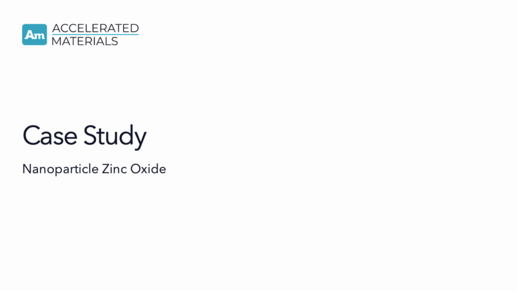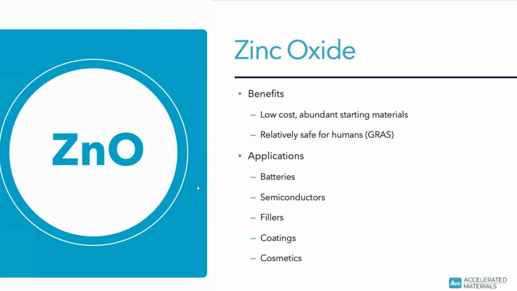Now, in just a bit, Dr. Joel will showcase a case study on nanoparticle zinc oxide, but I'd like to briefly cover why it's an important case study. Zinc oxide is a very interesting material. It's very low cost, and it has a lot of different applications, whether that's in batteries or cosmetics.